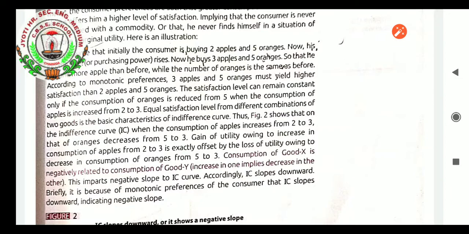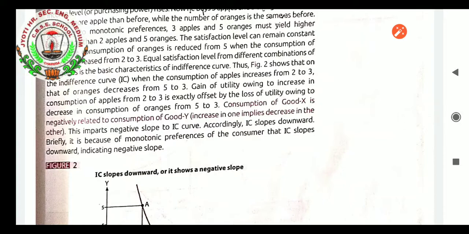If the number of oranges is decreasing compared to earlier, it also shows that the consumer is satisfied with oranges and does not want more satisfaction from them. Because of that, he is reducing his orange consumption and increasing his preference towards apples.